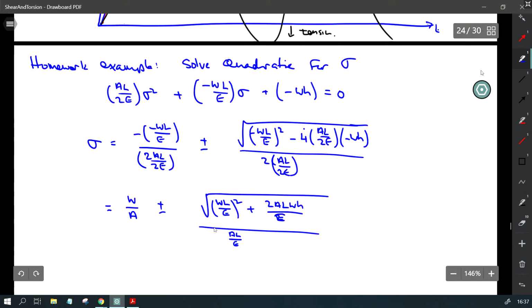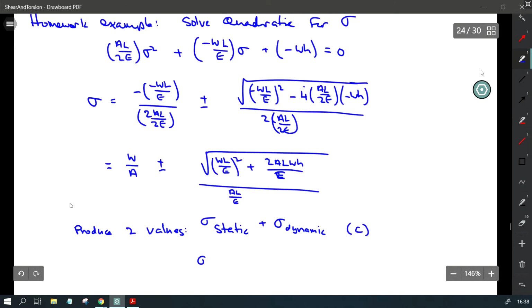So what you do is you put that formula into a spreadsheet, and it will produce 2 values: static plus dynamic, which will be compressive, and static minus dynamic, which might be tensile.